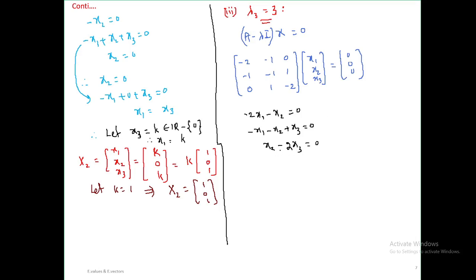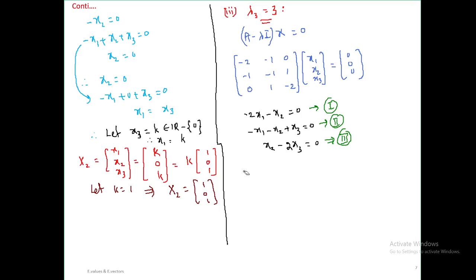So to get it in terms of x2 and x3, we have to multiply this equation with 2. Let us call these equations Roman number 1, Roman number 2, and Roman number 3. What I am doing is 2 into Roman number 2, multiplying the second equation with 2.